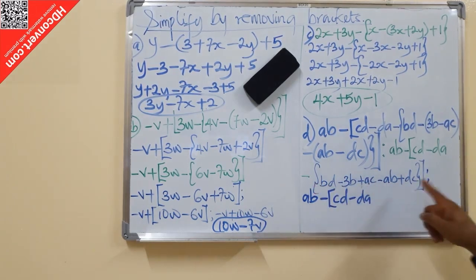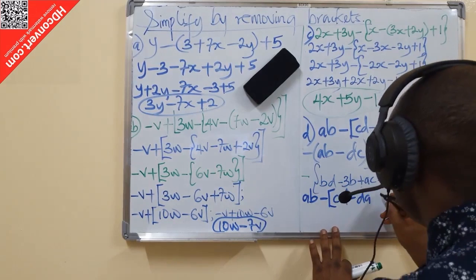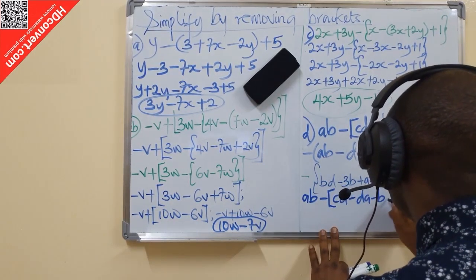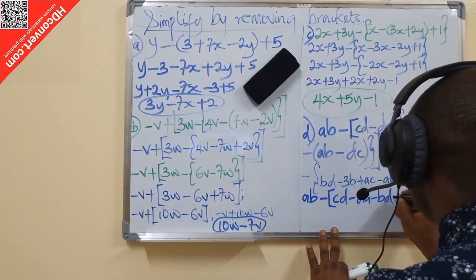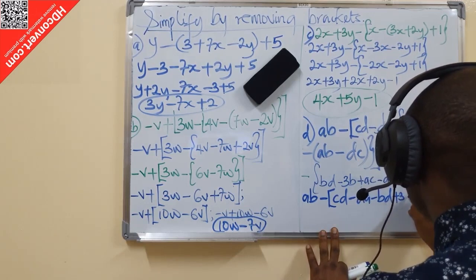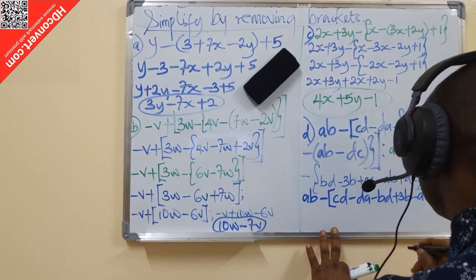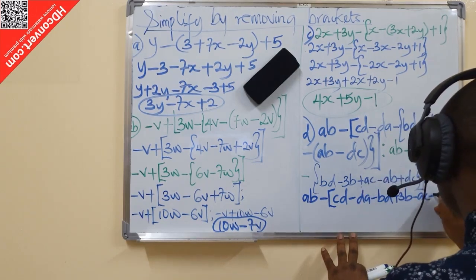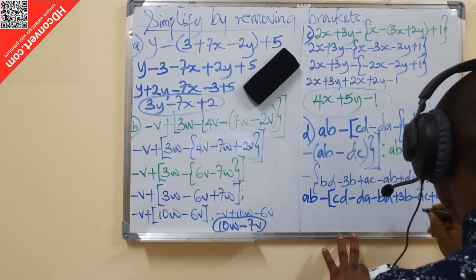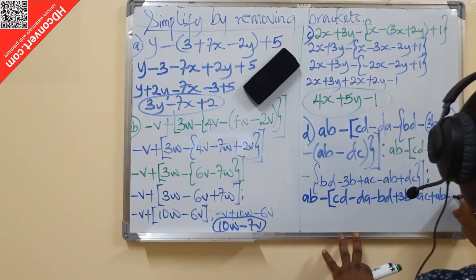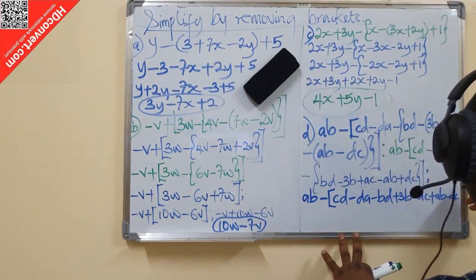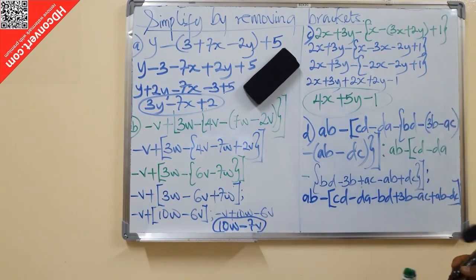So it means all the signs will take their negative sign. BD, we take negative BD now. Negative 3B becomes positive 3B. Positive AC changes to negative AC. Negative AB changes to positive AB. And positive DC changes to negative DC. We have just opened up the curly bracket.